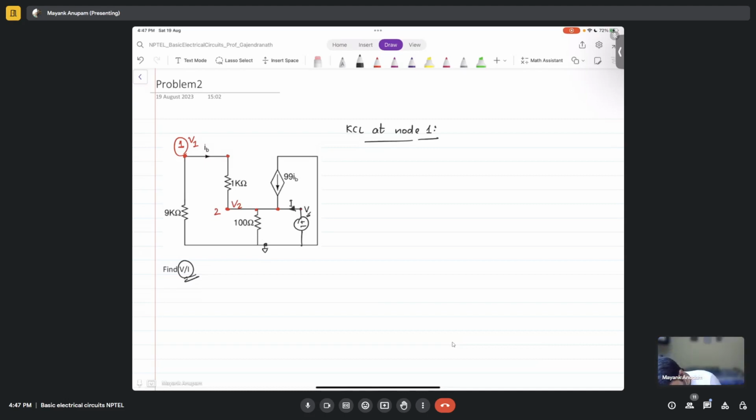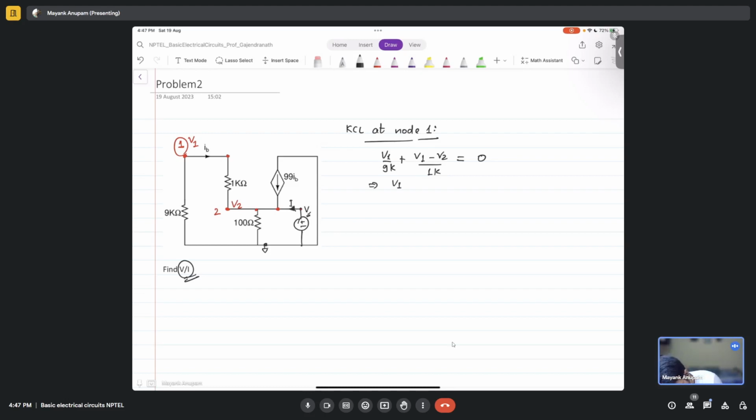Tell me, what will be the KCL equation at node 1? V1 by 9K plus V1 minus V2 by 1K, nothing else, right? Should be equal to what? 0, right?